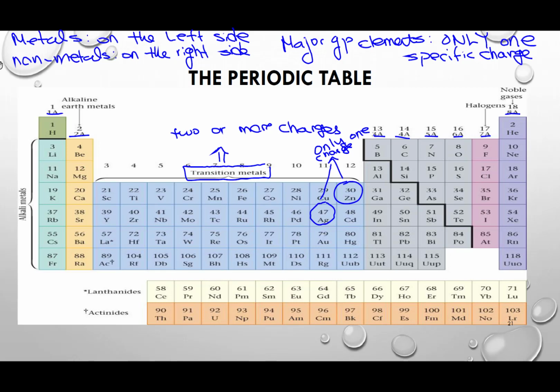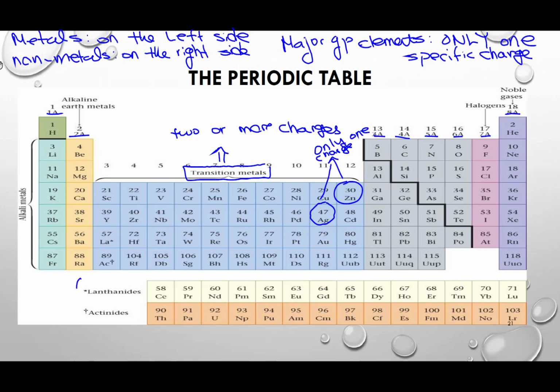But the rest of the elements that are transition metals have 2 or more charges, whereas the major group elements, like 1A, 2A, 3A, 4, 5, 6, 7, 8A, only have one set charge.